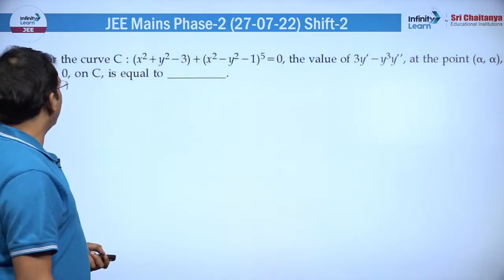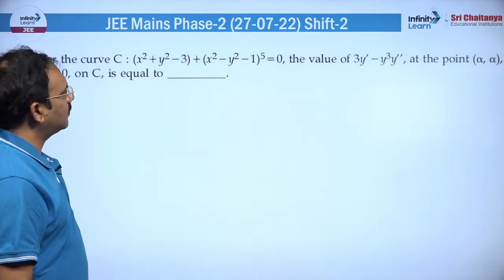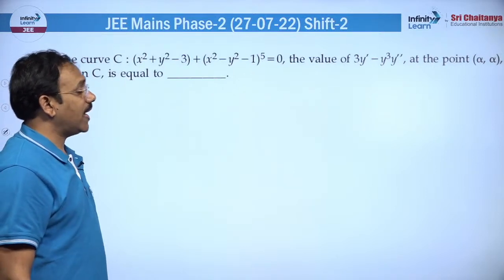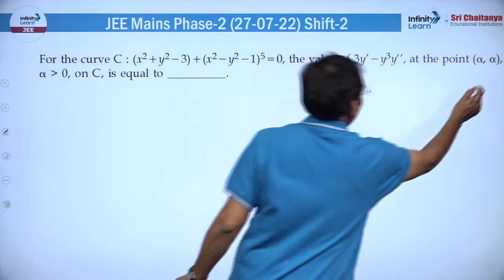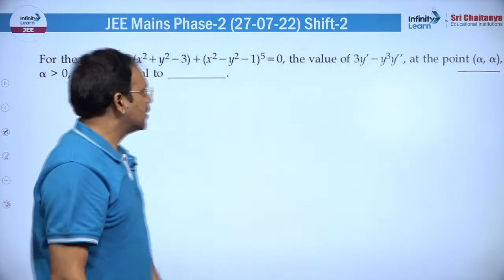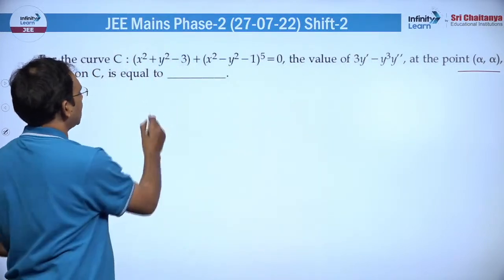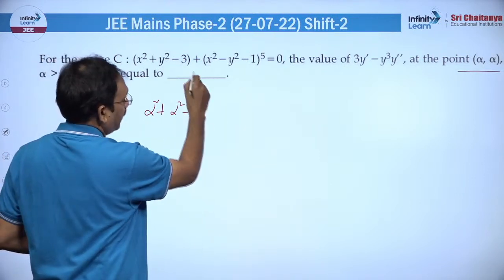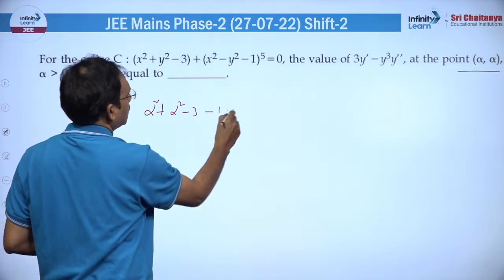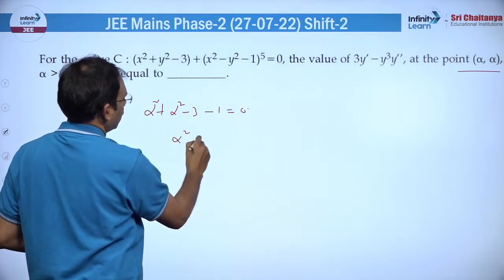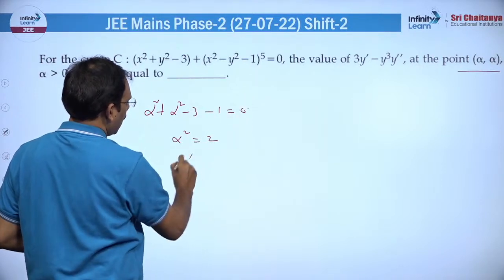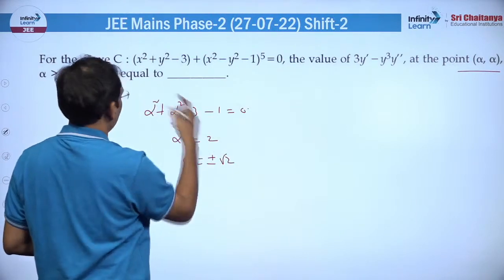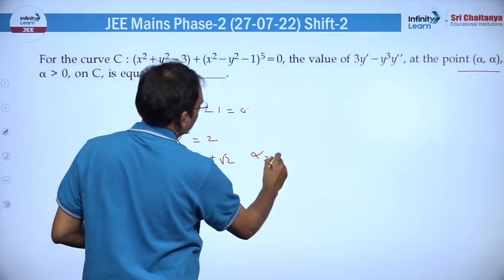Next, you see for this curve, the value of 3 first derivative minus y second derivative at the point alpha comma alpha. The interesting point is, suppose alpha comma alpha lies on it, alpha square plus alpha square minus 3 plus minus 1 is equal to 0, alpha square is equal to 2, alpha must be plus or minus root 2, but he said alpha is positive, so alpha is root 2.